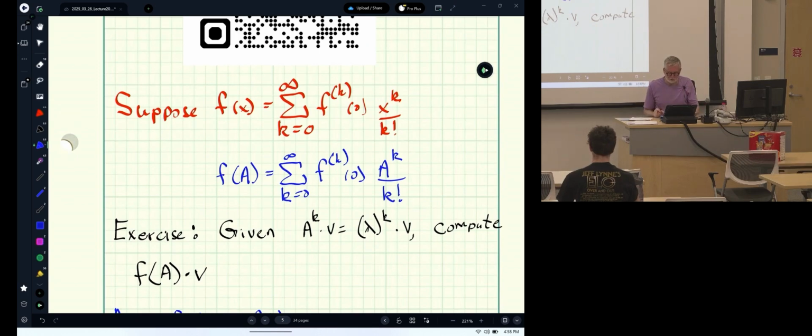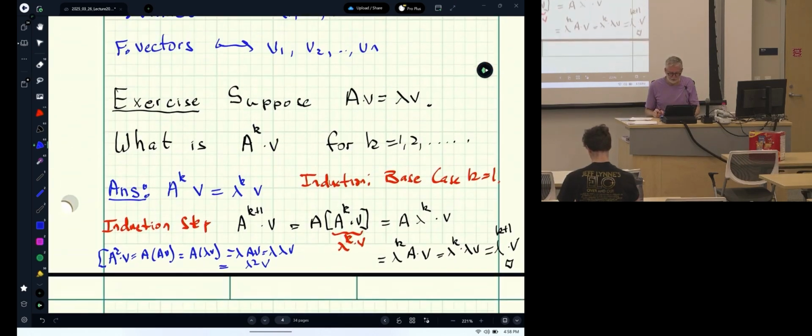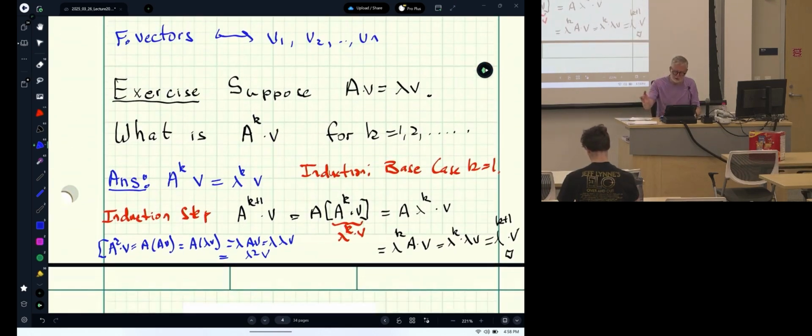What did this other thing say? It said, if v is an eigenvector of A with eigenvalue lambda, then v is an eigenvector of A to the k with eigenvalue lambda to the k. So you do a function of the matrix, which is a power, the eigenvector stays, and you just raise the eigenvalue to the power.